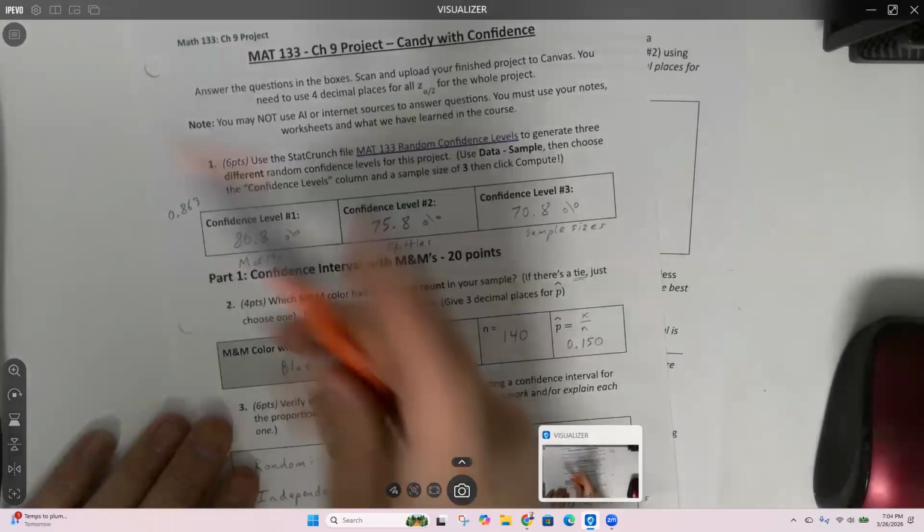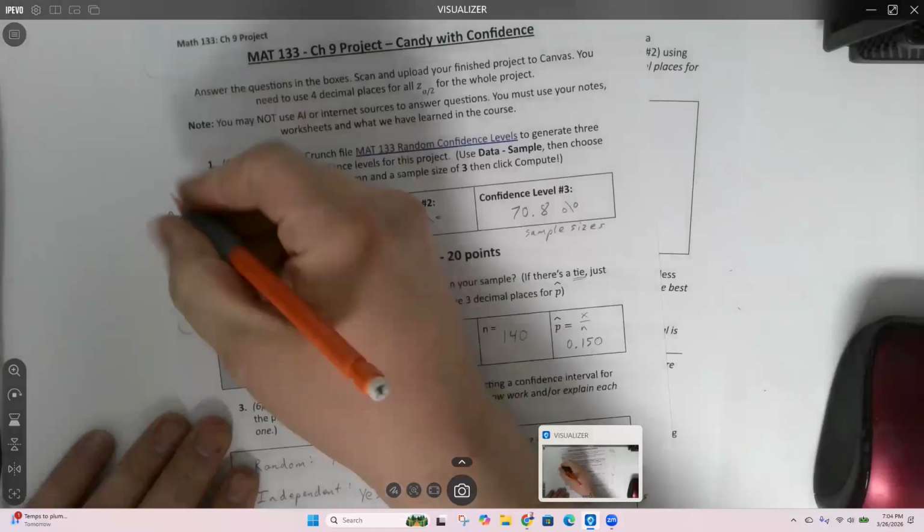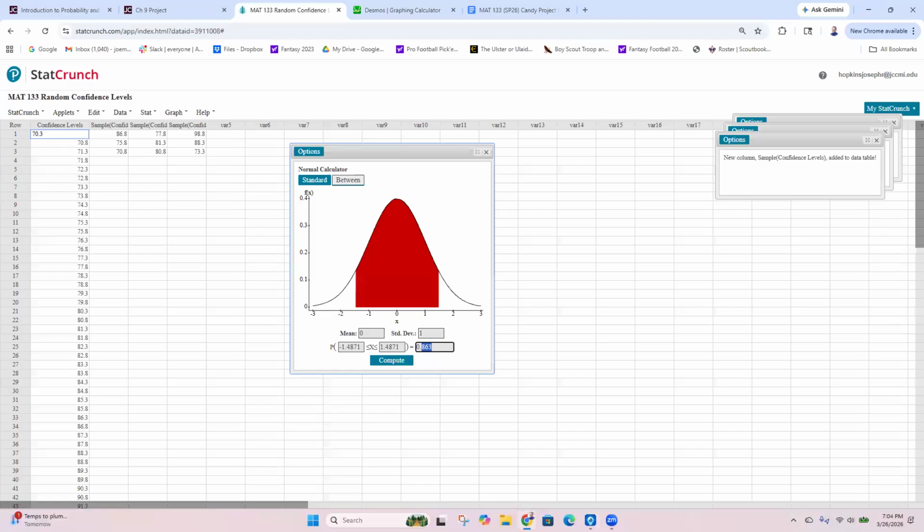Did I put the wrong thing in? Yeah, I put the wrong thing in, didn't I? Okay, you need to put it in as a decimal. So mine would be 0.973.